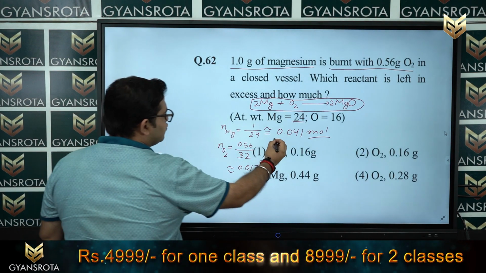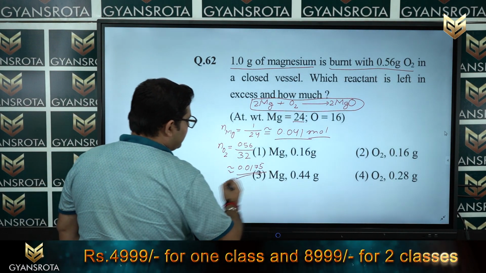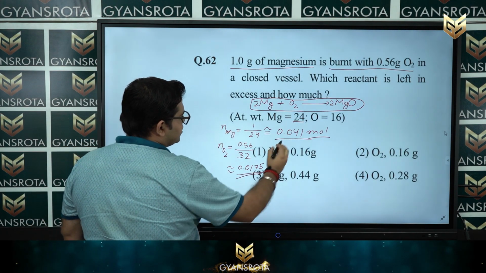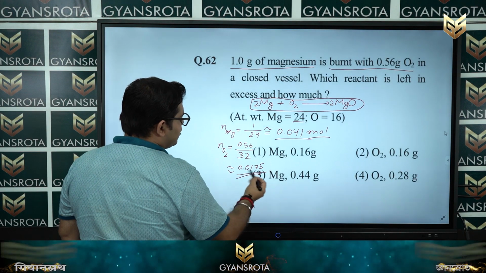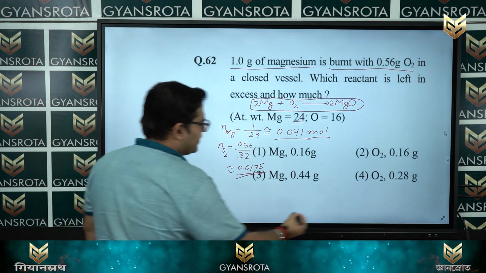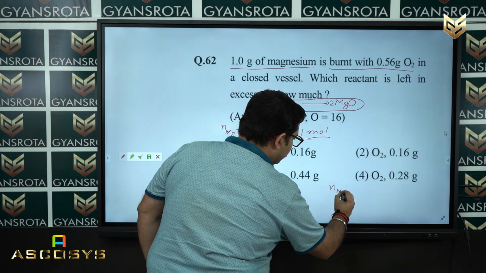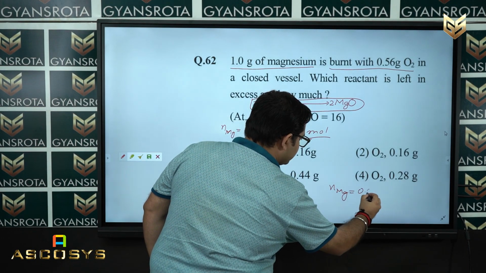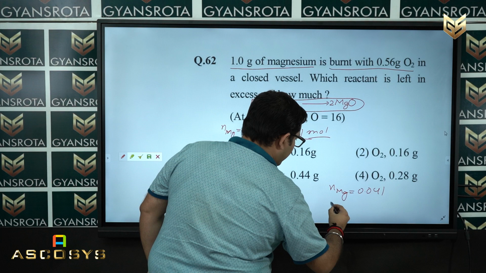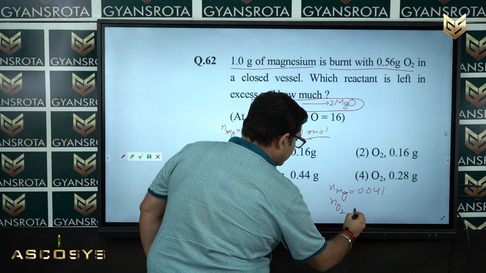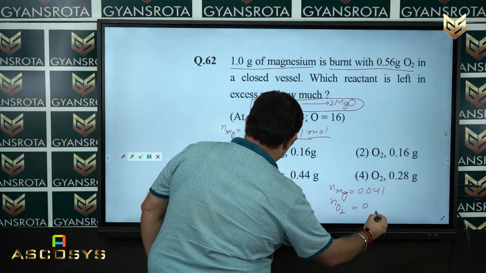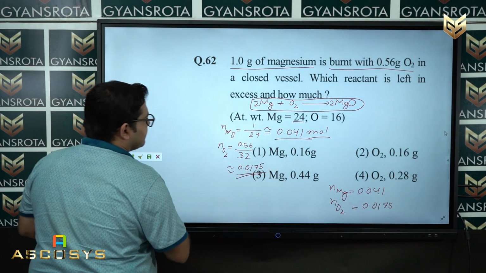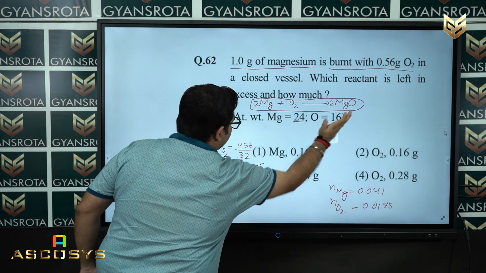These two values are just approximate values. At home you just try to calculate this. So, 0.041 mole and 0.0175. I am writing here the number of moles of magnesium as 0.041 and of oxygen as 0.0175.